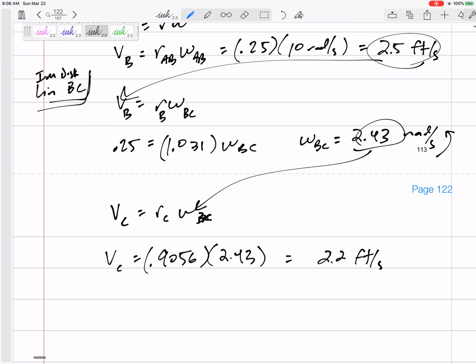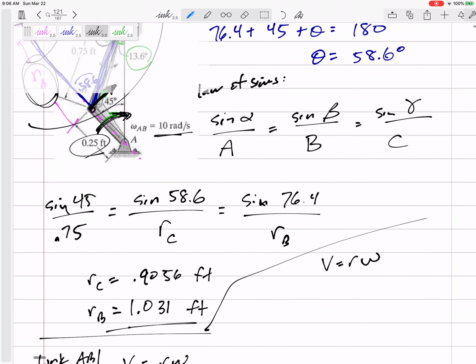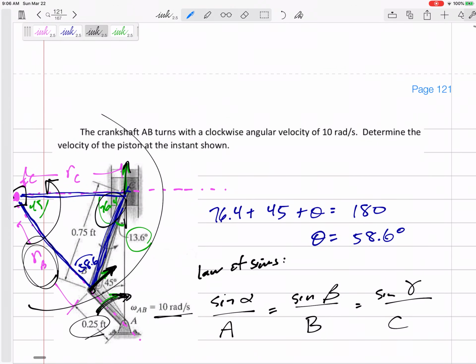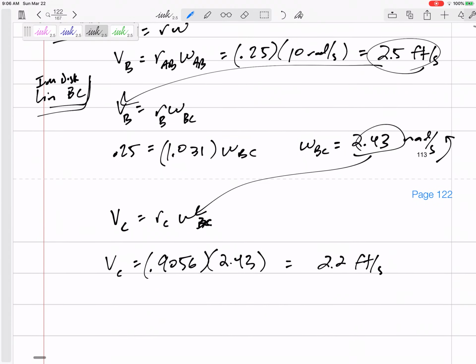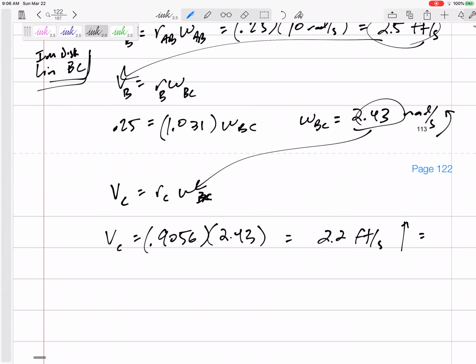I've got to visualize it again because this could be up or down, but if my imaginary disk is rotating counterclockwise, then C is pointed up right there. So this is up, velocity of C. I think that's what it asked for: determine the velocity of the piston C.